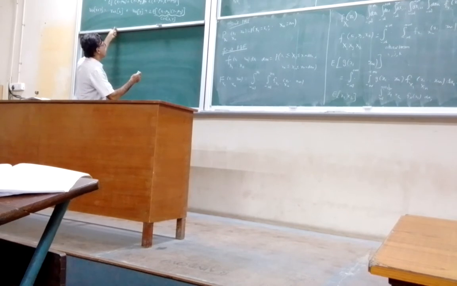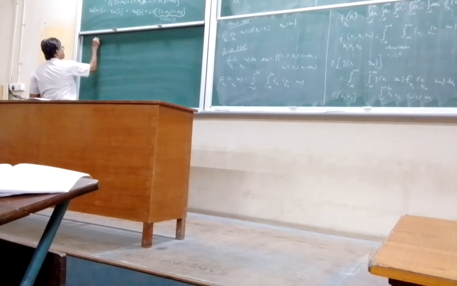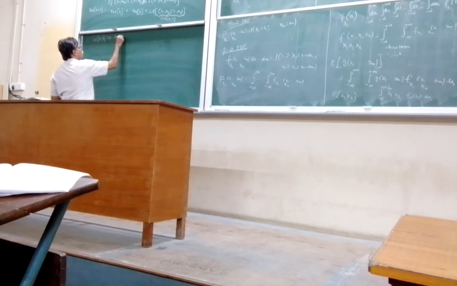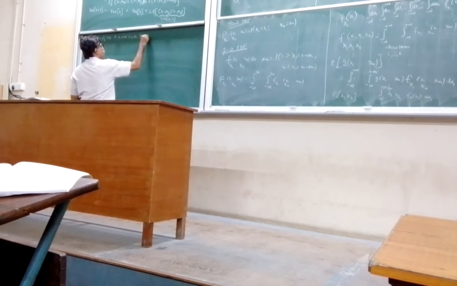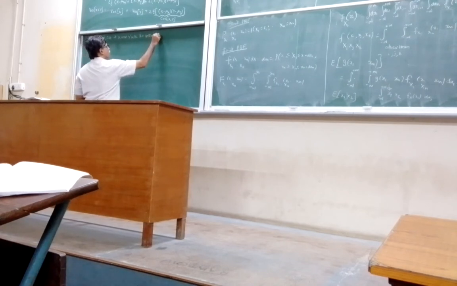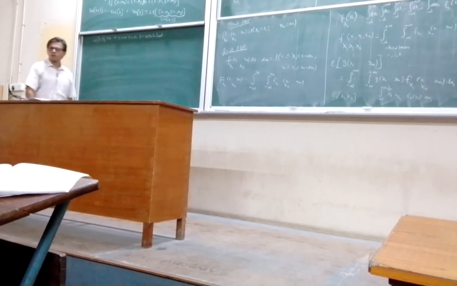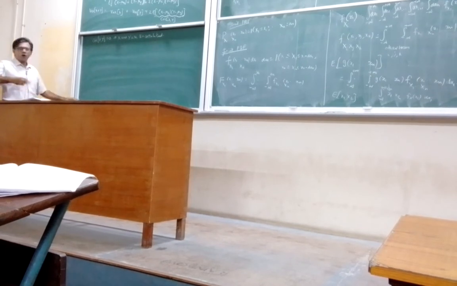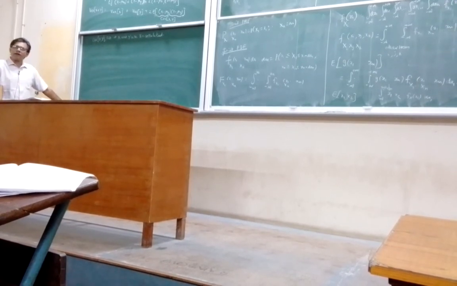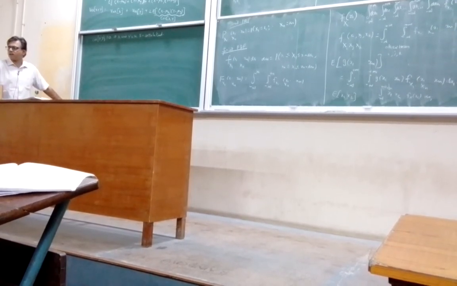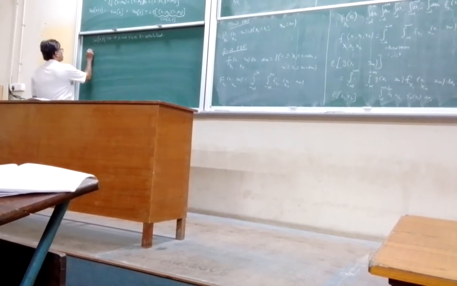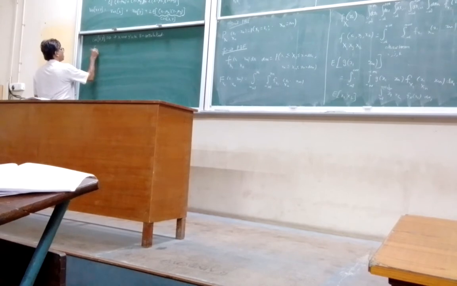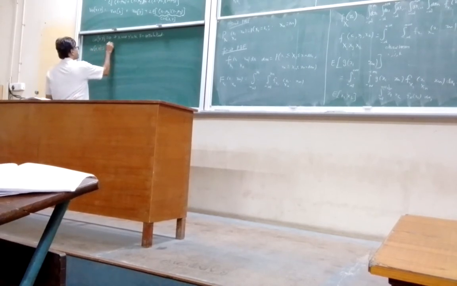We know that if the covariance of x comma y is 0, then x and y are uncorrelated. We also know that if x and y are independent, they will be uncorrelated, but not necessarily otherwise. Now we will explore this covariance of x comma y a little bit.